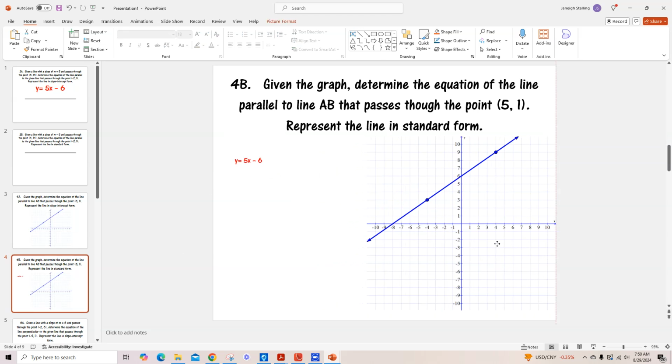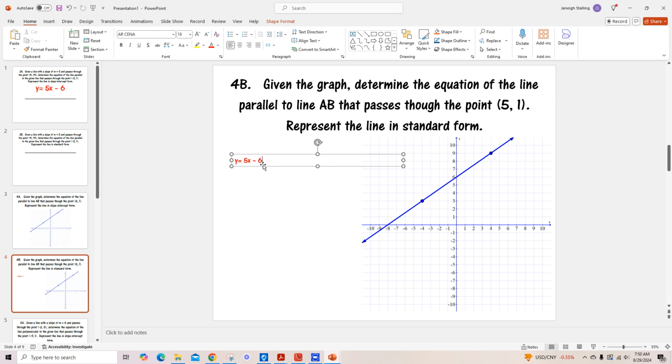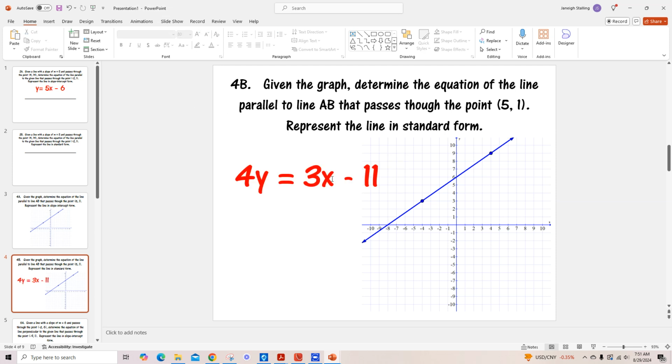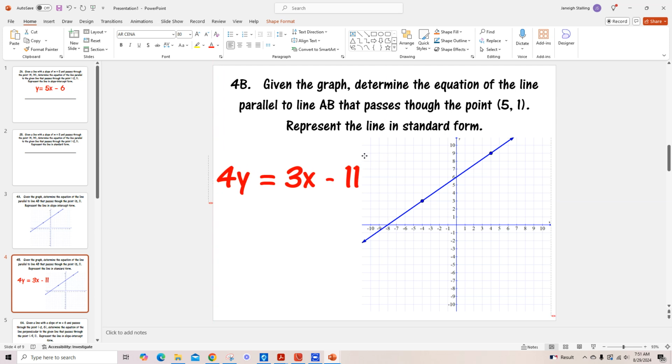Okay. So we've already got rid of the fraction. Your job is to finish converting this to standard form. So remember, x and y on the same side, the x value has to be positive. So for number 4, type your answer in the correct standard form.